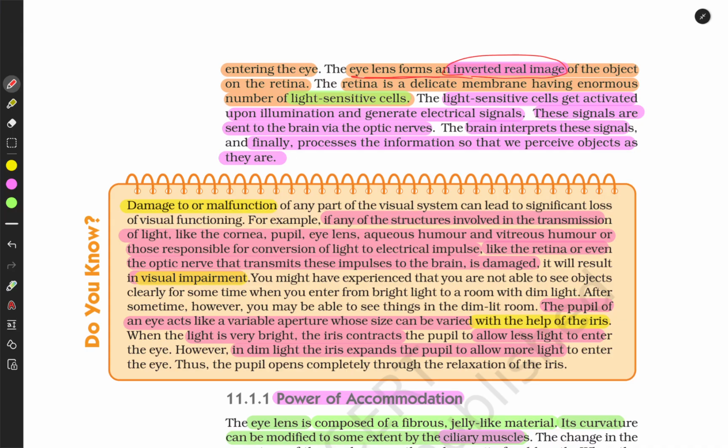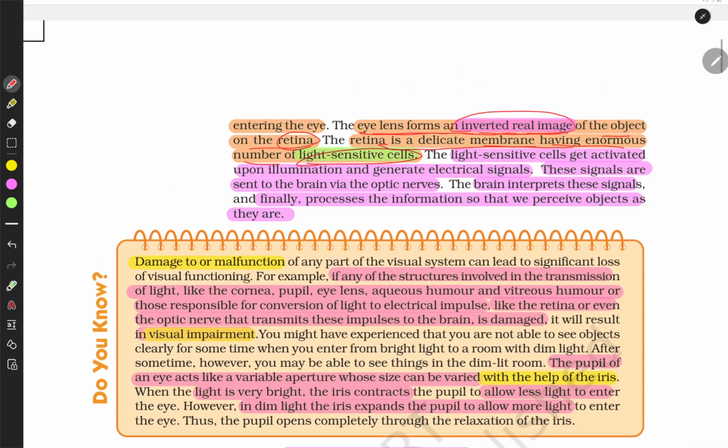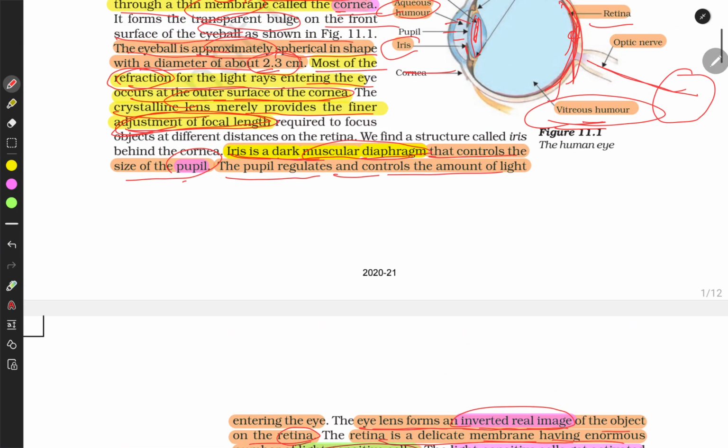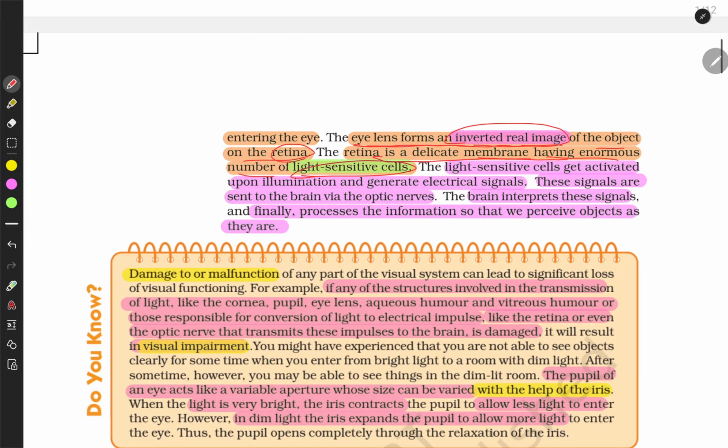The eye lens forms an inverted real image of an object on the retina, and the retina is a delicate membrane having an enormous number of light sensitive cells. So this retina has light sensitive cells, and the light sensitive cells get activated upon illumination and generate electrical signals, and these electrical signals are sent to the brain via the optic nerve.